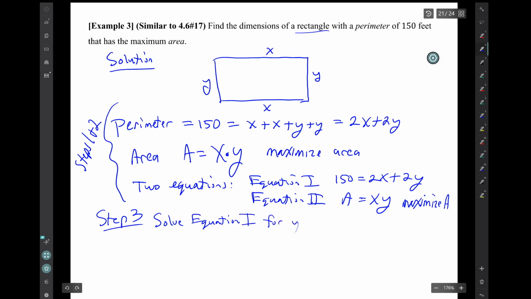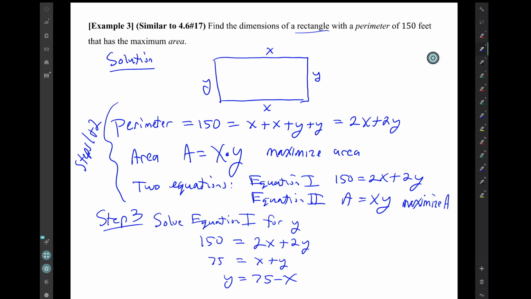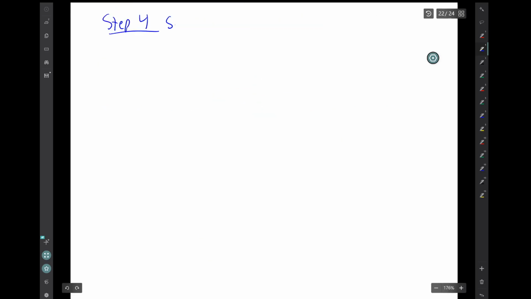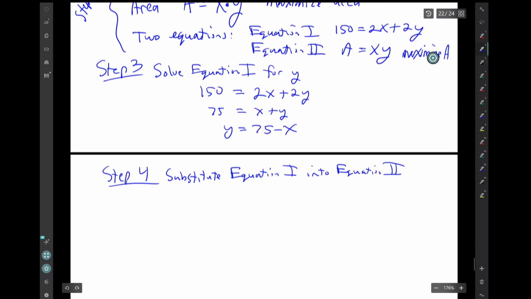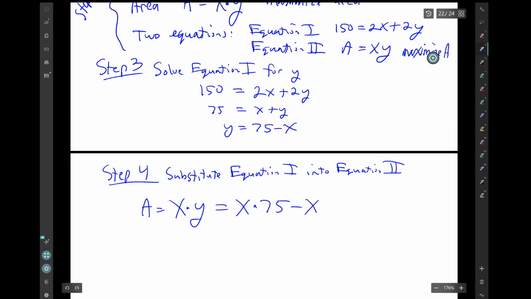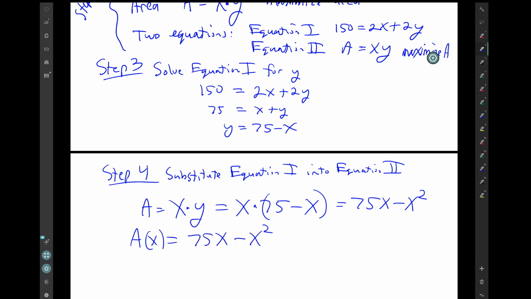Step 4 is to substitute that into equation 2. And then call that a function. Now, what is the domain of this function?